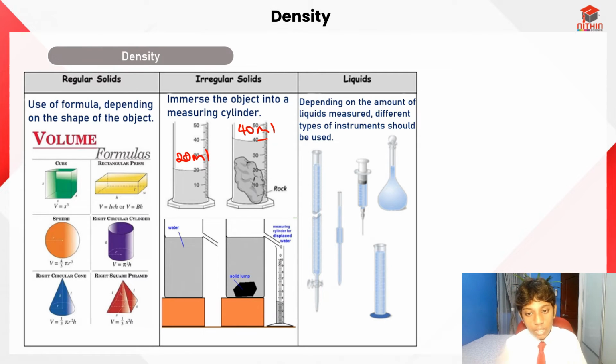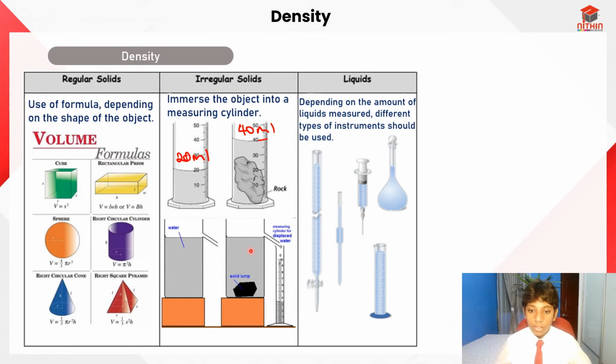So we take 40 minus 20, and we get 20 ml. So the rock's volume is basically 20 ml.